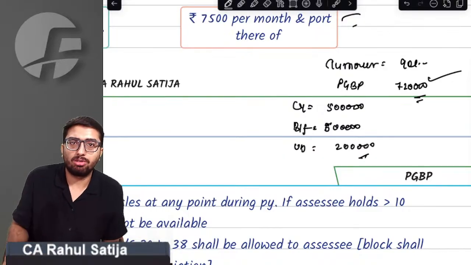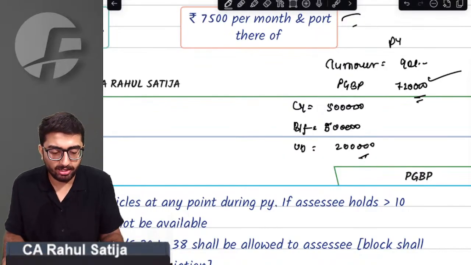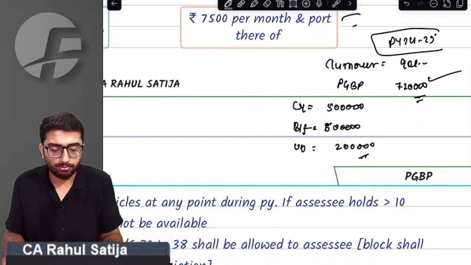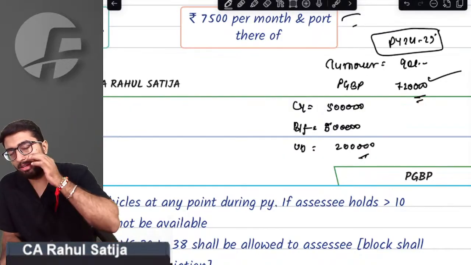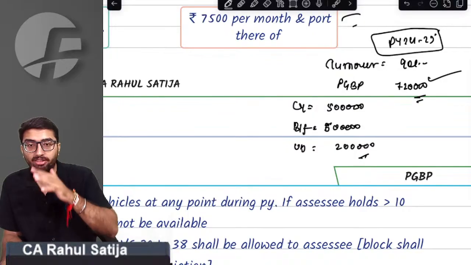What will be the total income for previous year 24-25?